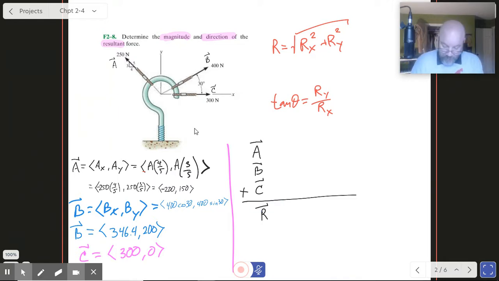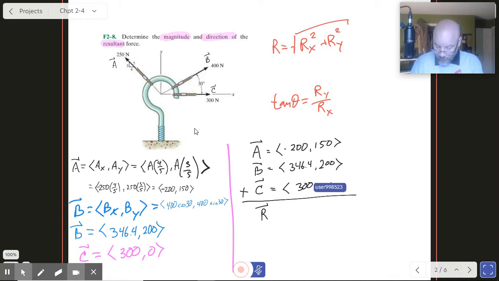Now vector A, if I copy that over, I've got minus 200, 150. And B, I've got 346.4, 200. And then for C, I've got 300, 0.